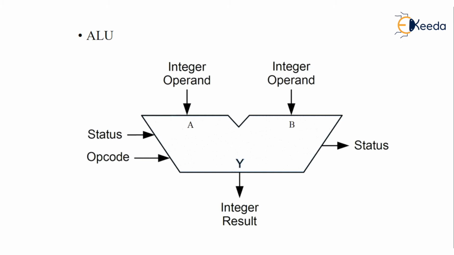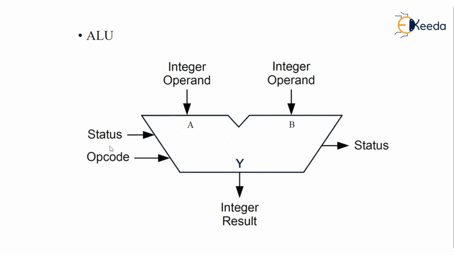Then operands: here you can see integer operands A and B. The data which is going to be operated on is called an operand, and the type of operation, such as addition or subtraction, is mentioned in the opcode. We simply call it an instruction.